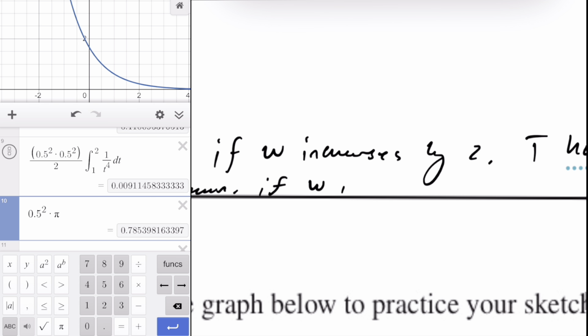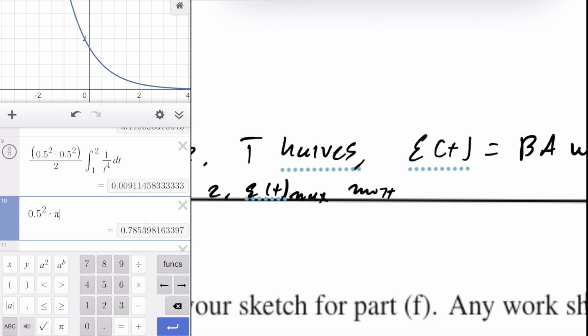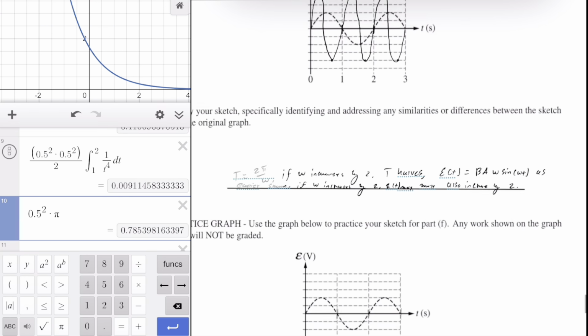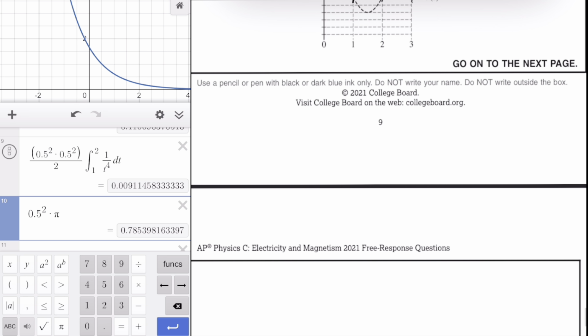If W increases by 2, the max also increases by 2. Oh, and my sine graph looks horrible. And that's the 2021 AP Physics, Electricity and Magnetism exam.